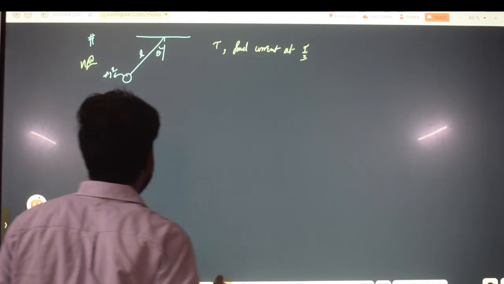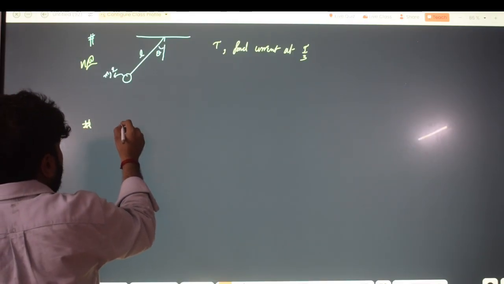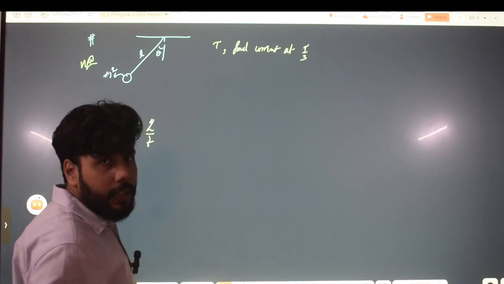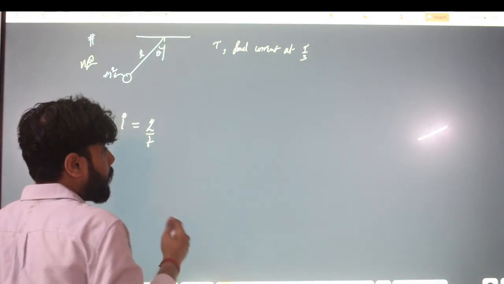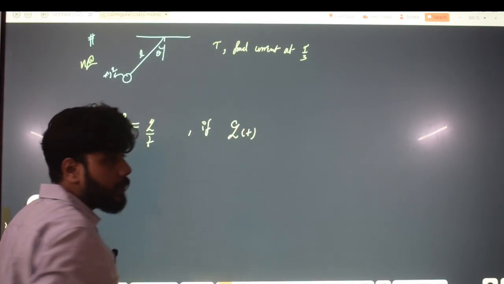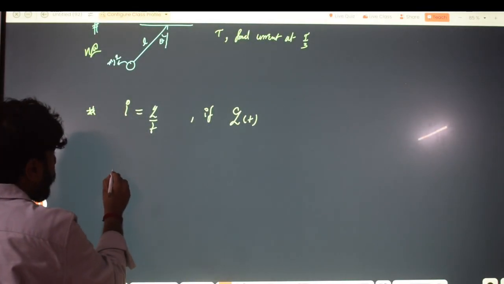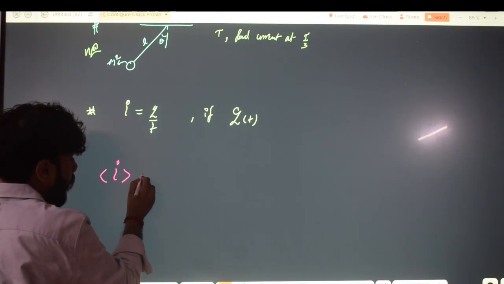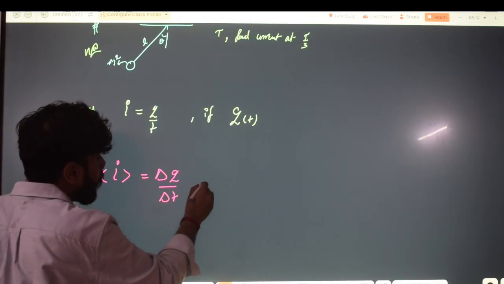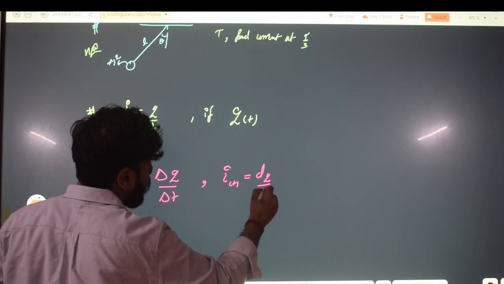So after all this, because we are saying current is flow of charge per unit time, that means if charge is also a function of time, meaning the amount of charge flowing through the conductor is variable, then in that case you can have average current, that will be delta Q over delta T, and you can also have your instantaneous current, that is just going to be dq over dt.